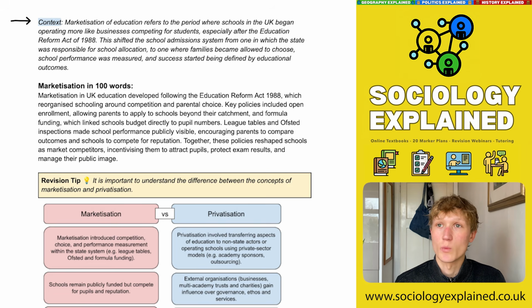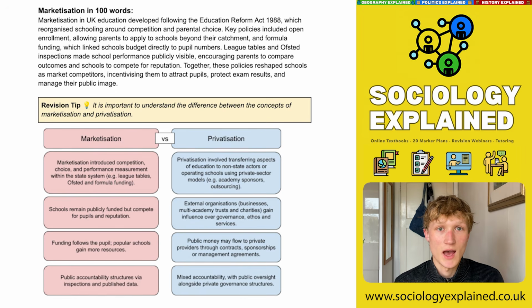It's shifted the way that admissions work, the way that funding works, and the way that performance between schools is measured. Sociologists have responded to this change in various ways, some seeing it as a good thing, increasing equality of opportunity and driving up the quality of education, while others have seen it as detrimental to education and particularly disadvantaging certain groups.